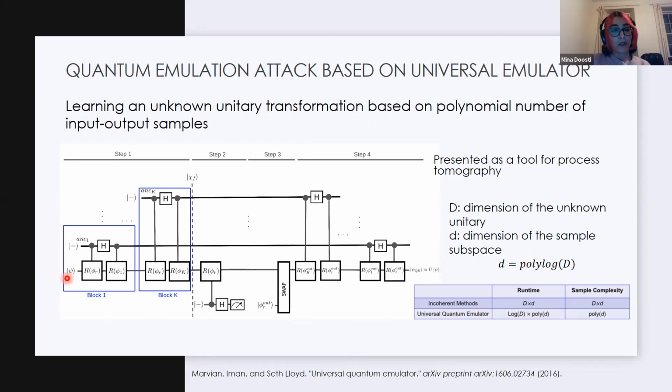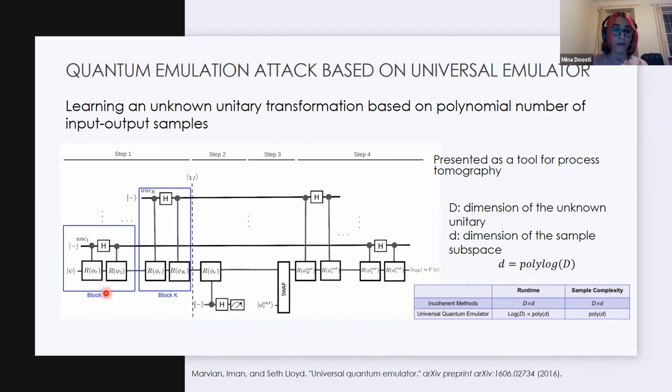The way it works is that you have a number of ancillas that are all in the minus state, and then you have your input state to the algorithm, and you have your sample set. So you make these gates according to your sample set.